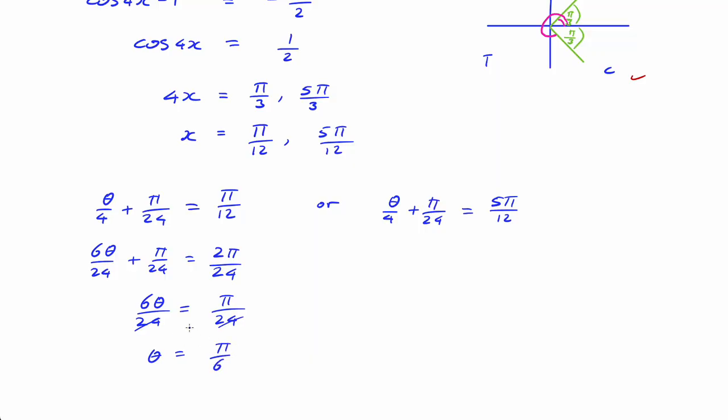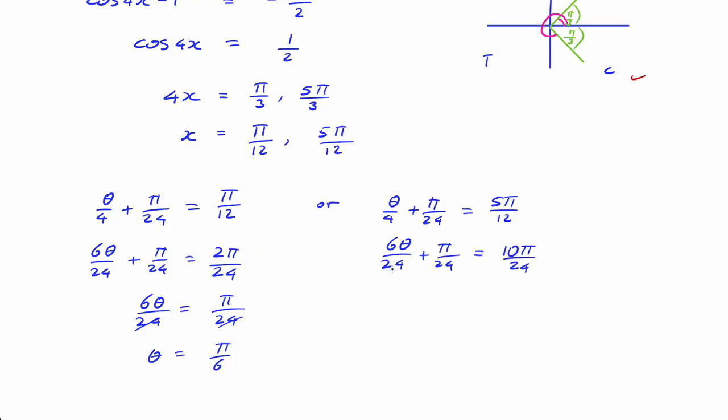That is one solution. Next solution, similar thing, guys. This is 6 theta over 24 plus 1 pi over 24 equals, multiplied by 2, 10 pi over 24.